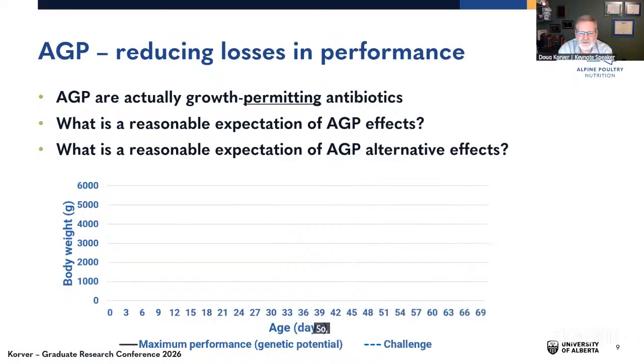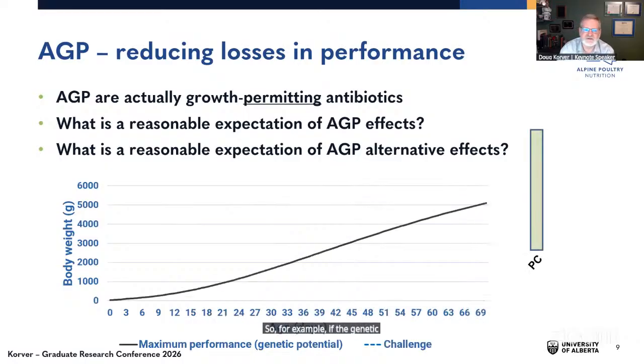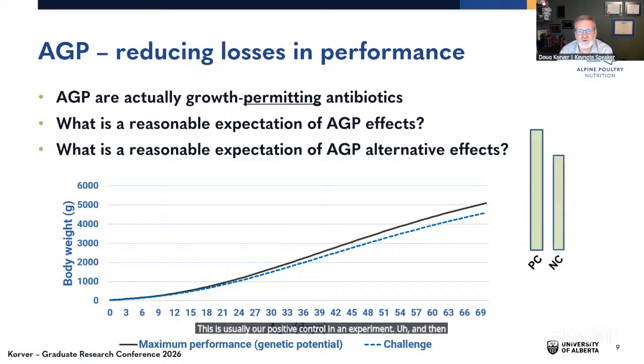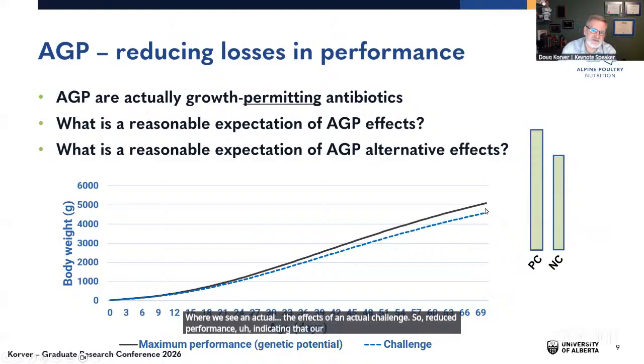For example, if the genetic potential for growth is a certain level, this is usually our positive control in an experiment. Then we want an appropriate negative control, where we see the effects of an actual challenge, so reduced performance, indicating that our positive control, in this case the antibiotic, is having a positive effect.